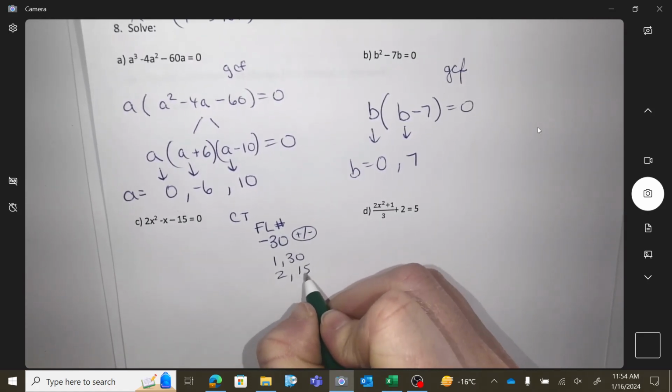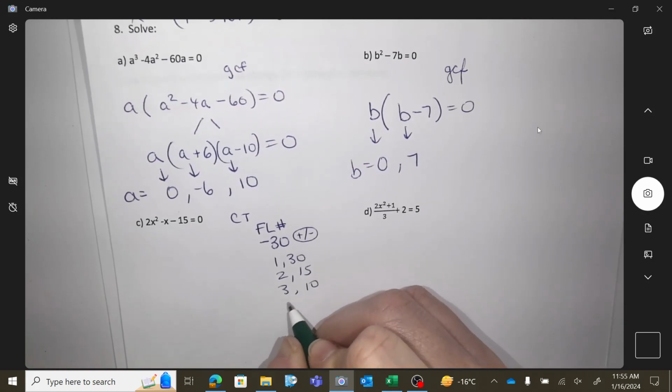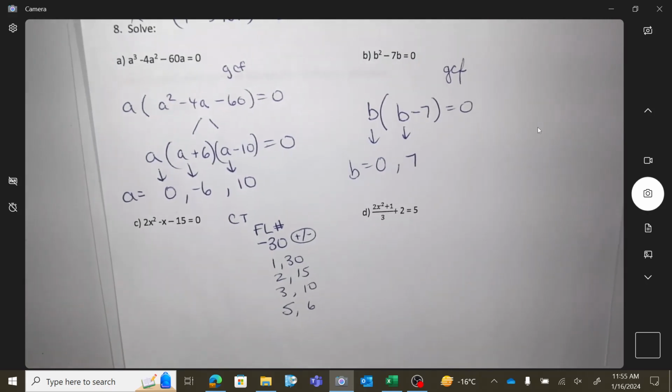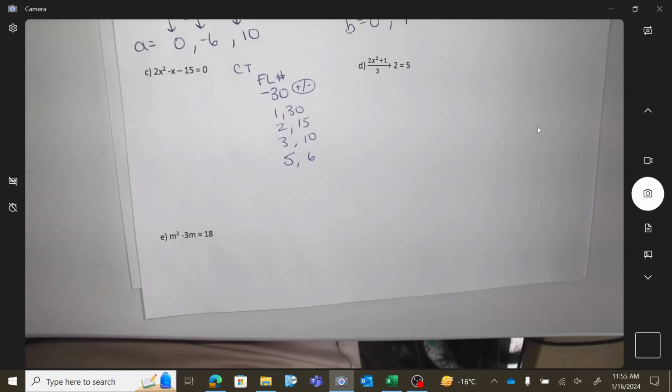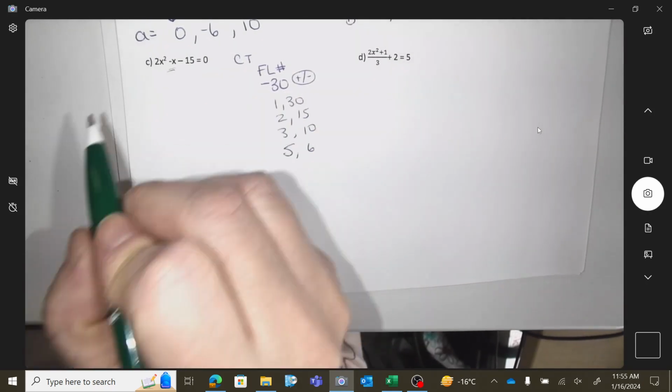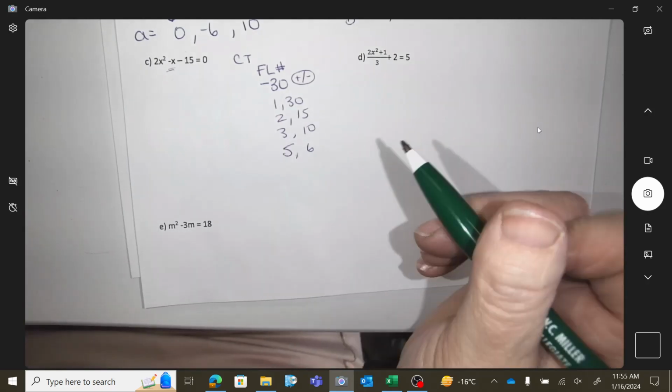1 and 30, 2 and 15, 3 and 10, 5 and 6. Those are the sets of 30. And I'm trying to get something to make a negative 1 in the middle.